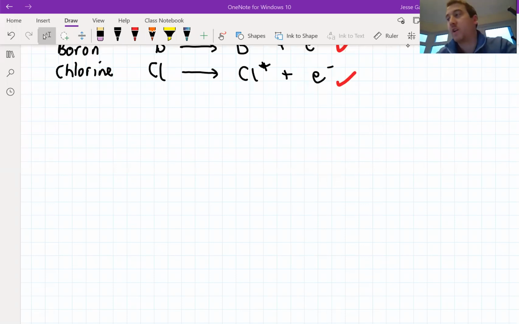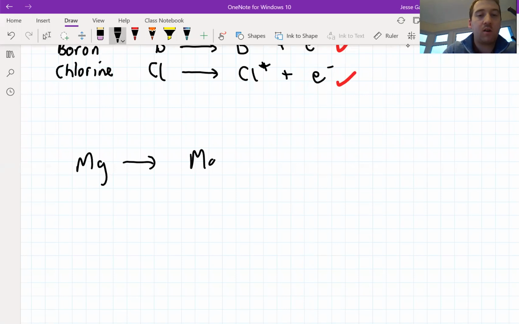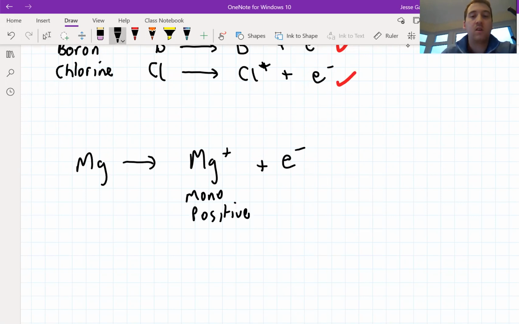Following the first ionization, which I'm going to write here for magnesium, I'm just going to do one more. Magnesium can lose one electron to become Mg plus, and that one electron is also produced. Now, following first ionization, there's nothing to stop this monopositive magnesium ion from losing a second electron.